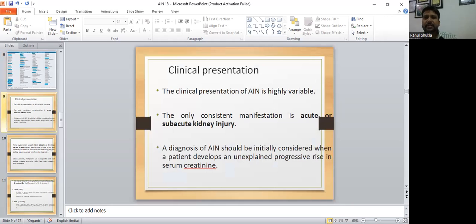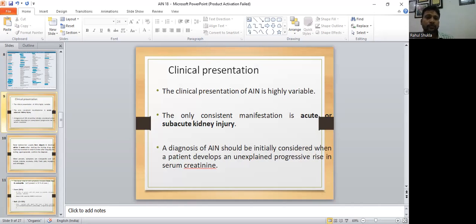Now, what can be the presentation? As we already discussed in the pattern of injury, it is basically associated with a non-allergic type of injury, and there may be a few vague symptoms like nausea, decreased appetite, anorexia. It is basically a subacute type of kidney injury settling over a period of 1 to 2 weeks, manifested by a rise in serum creatinine.